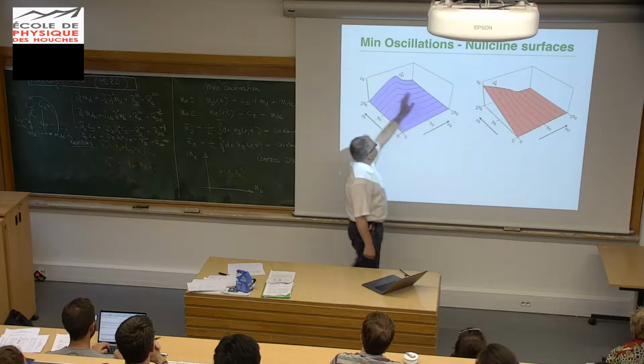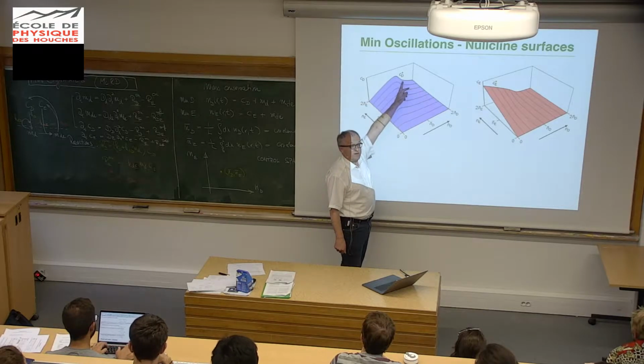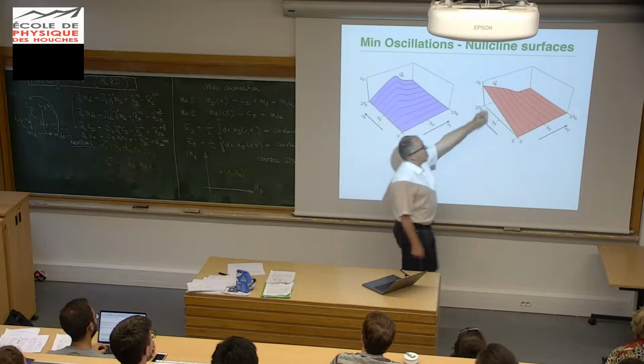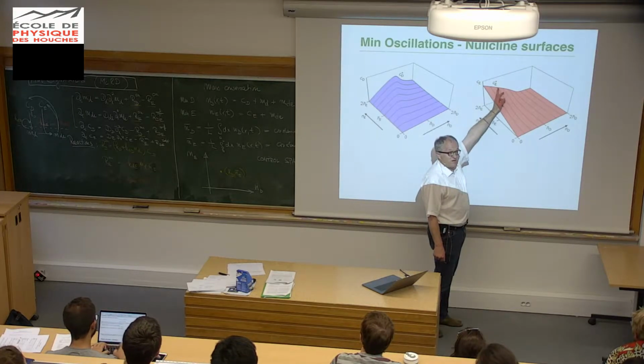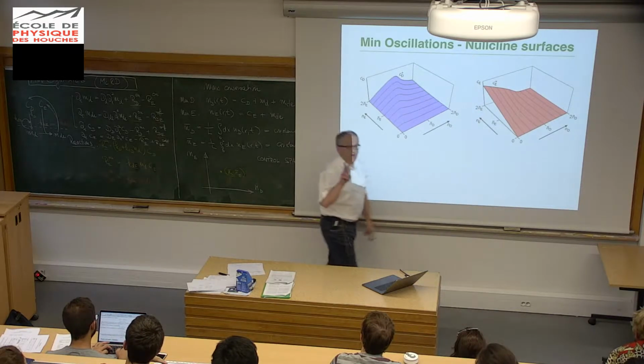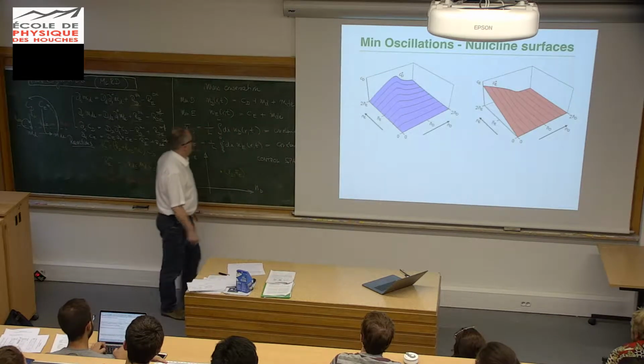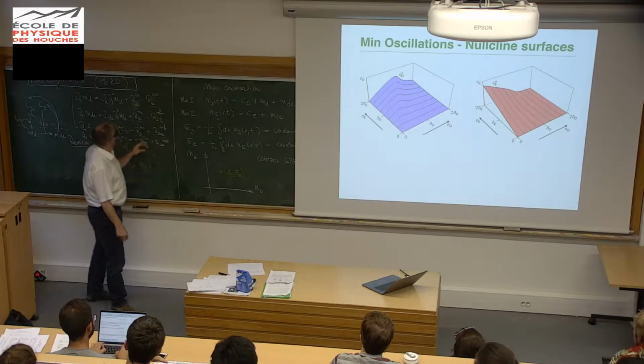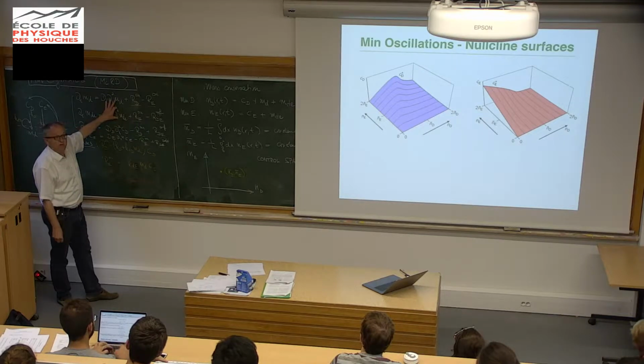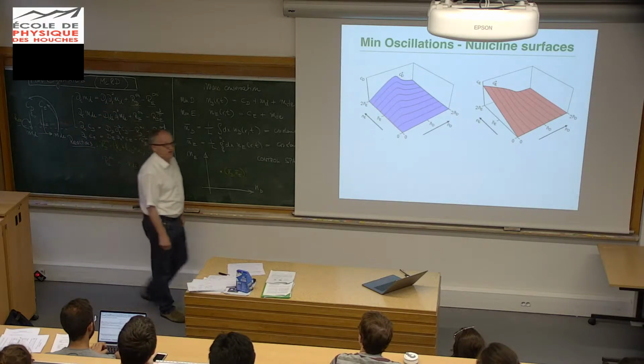There's a surface for the equilibrium of the min D concentration in the cytosol, and a surface for the min E concentration in the cytosol. There are two other surfaces I'm not showing you, which are the surfaces for the two membrane components. Those are the four surfaces you have.